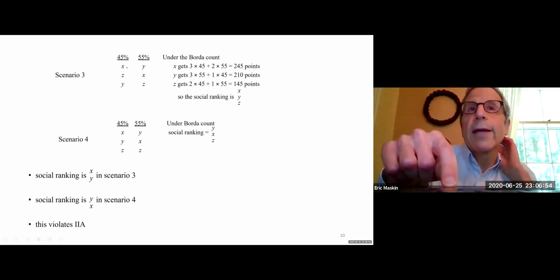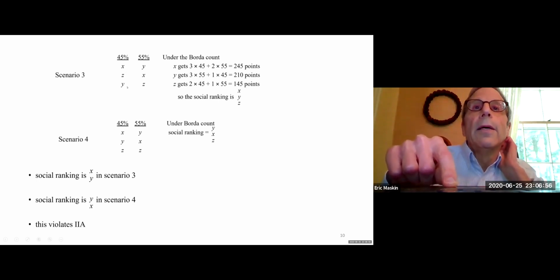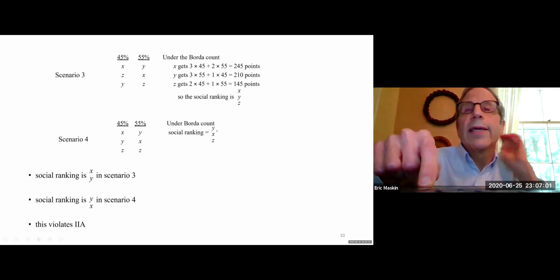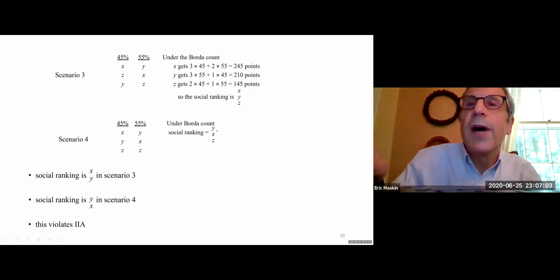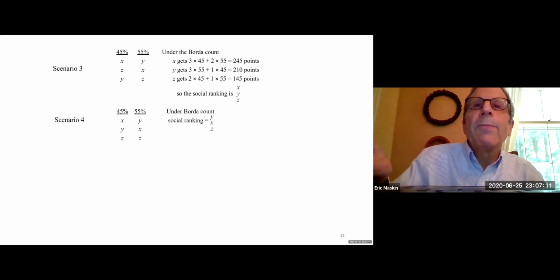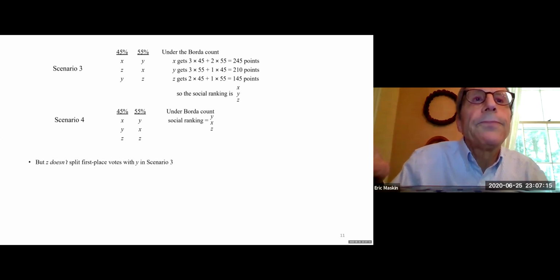In both cases, X is ranked above Y. But the social ranking has changed, and that's the violation of IIA. Now, what's so bad about this violation?